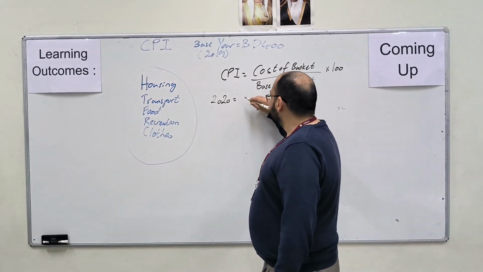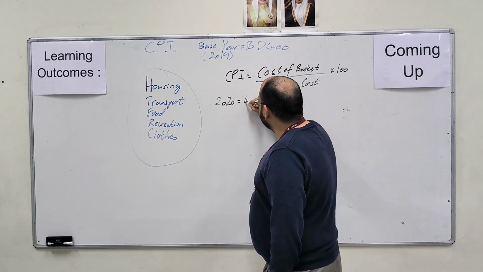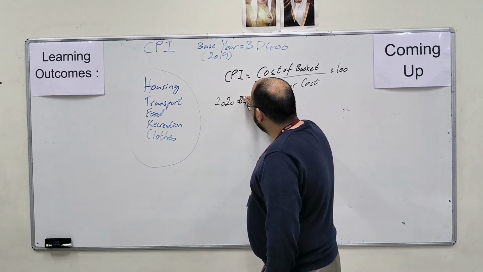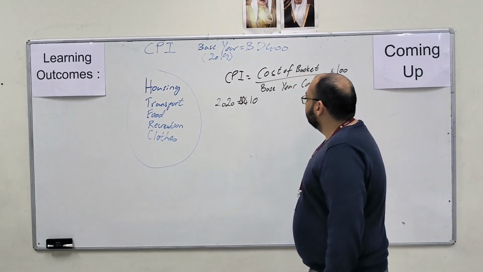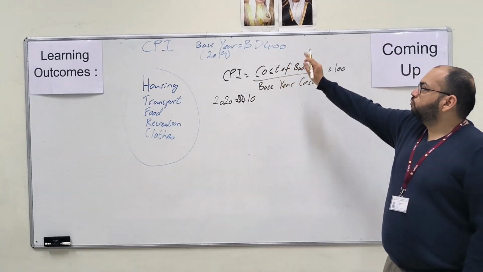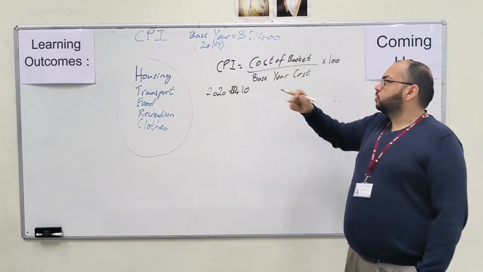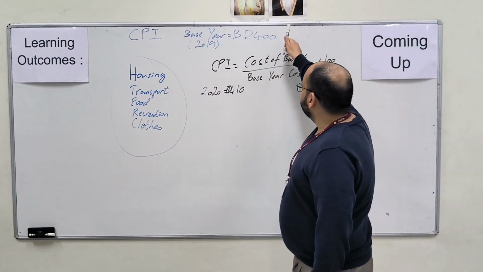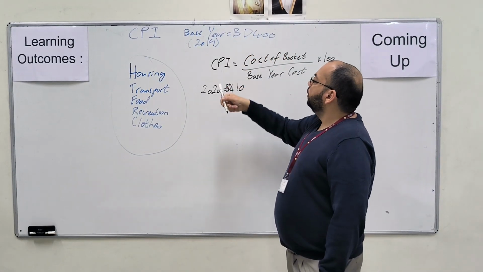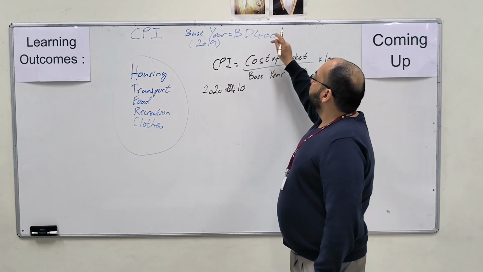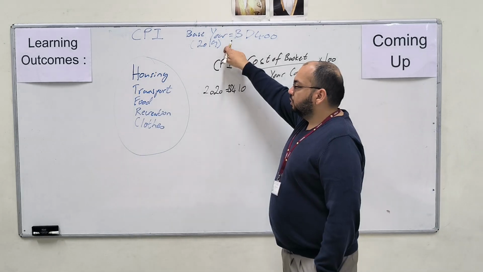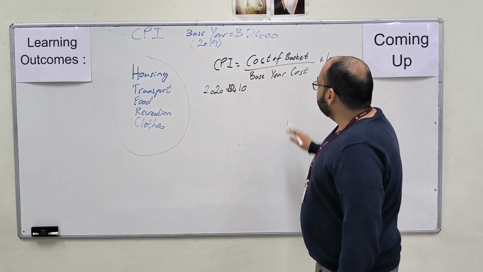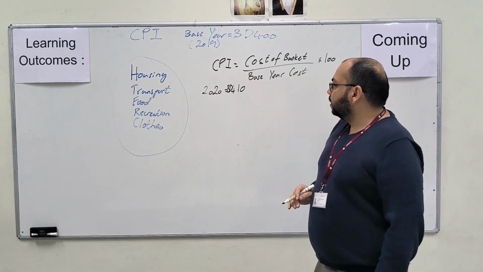In 2020, let's say it costs 410 BD a month. Okay? So that means from 2019 to 2020, we can see that the typical basket of goods, which cost 400 in 2019, in 2020 costs 410. So that means it increased by 10 dinars.